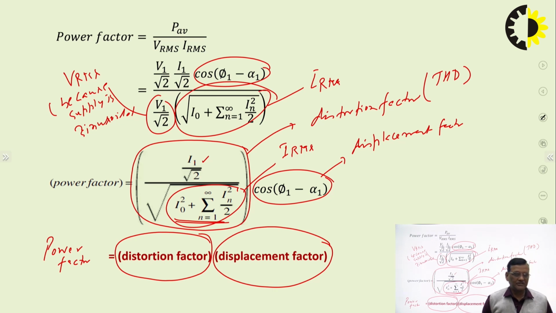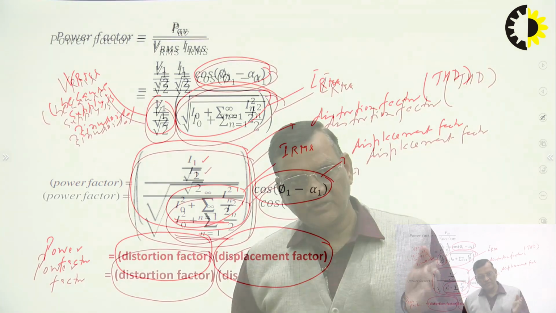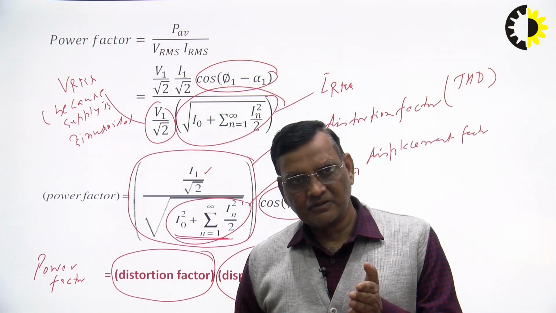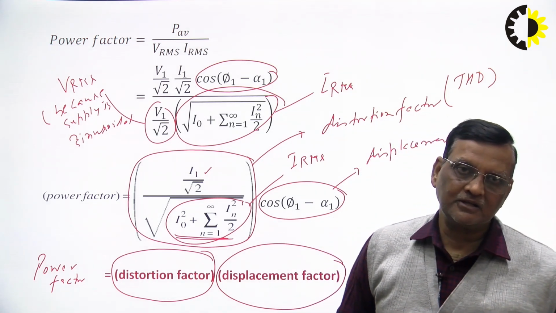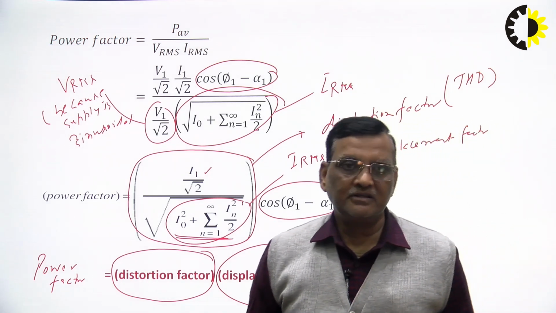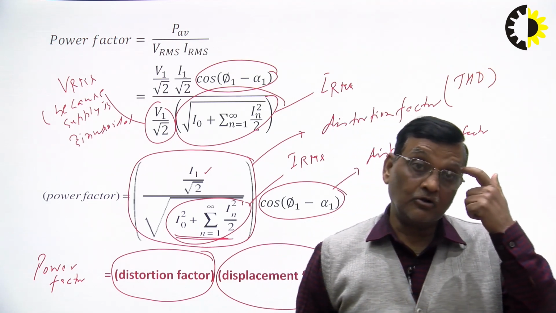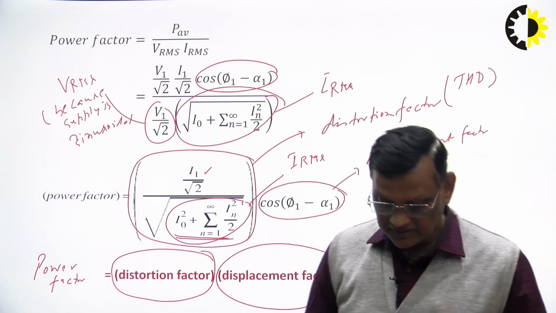So, in both cases, harmonic current will be developed in the network. The question is whether these harmonic currents take part in the energy transfer or not. If they are not taking part in the energy transfer or active power, then they generate a lot of heat in the system. So, it will heat the system.